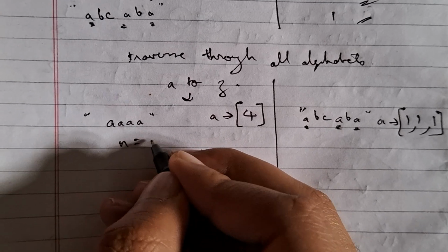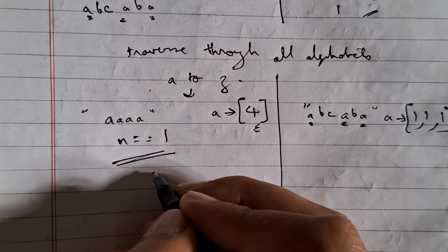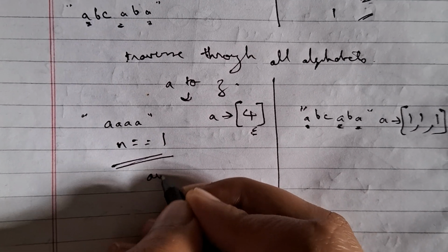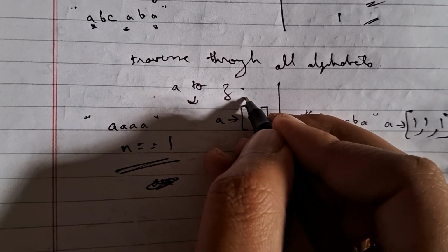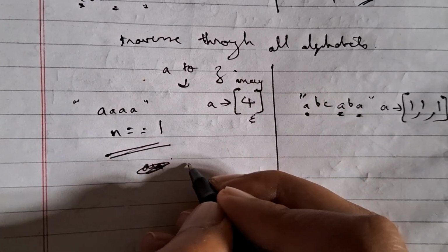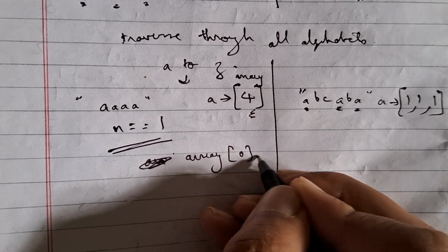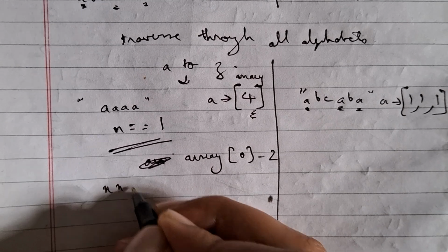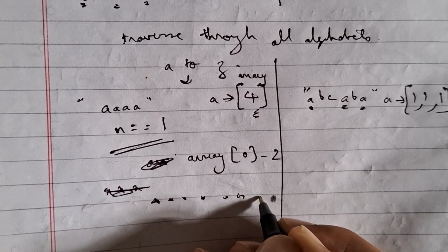One is if n is equal to 1, that is this condition. If n is equal to 1, the possibility is, let's say the array is called array only. It is going to be array of 0 minus 2. Because let's say it's a run of stars.